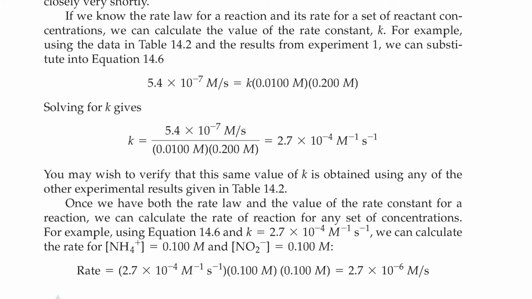The rate equals 2.7 times 10 to the negative 4 per molar per second times 0.1 molar times 0.1 molar, which equals 2.7 times 10 to the negative 6 molar per second.